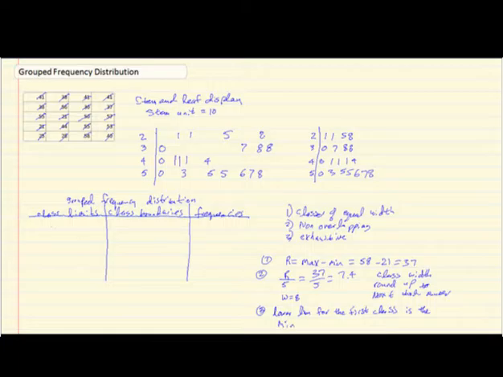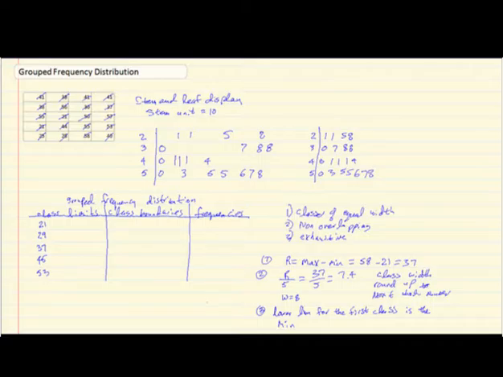So we take that minimum value, which was 21, and we add the width to get the lower limit for the next class, 29. And then we add it again to get the lower limit for the next class, 37. We were going to have 5 classes, so we're going to do this until we have 5 lower limits. So 37 and 8 is 45, and 45 and 8 is 53.